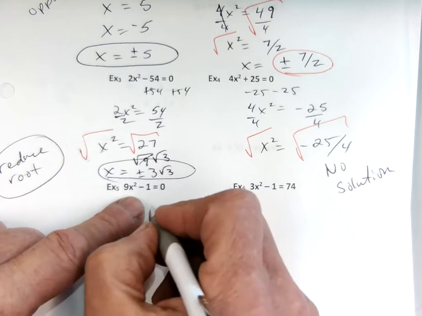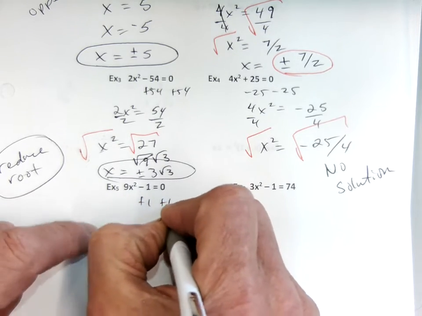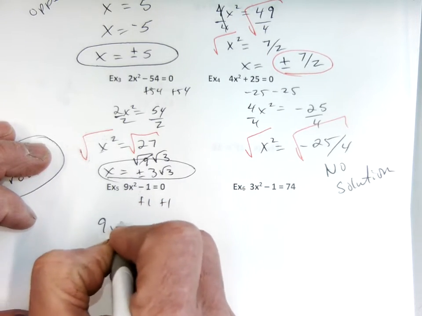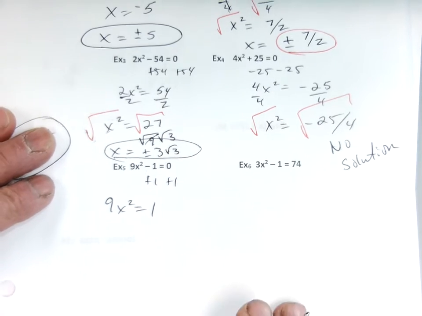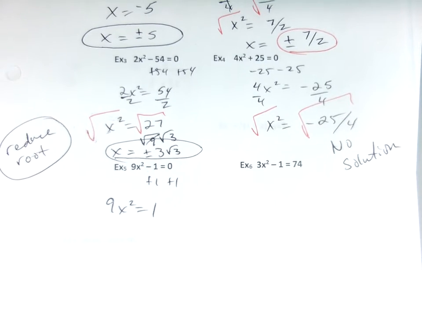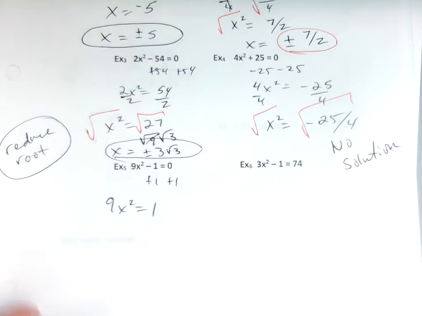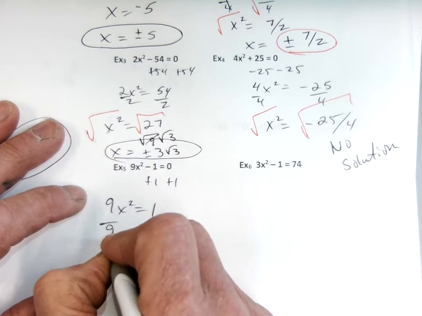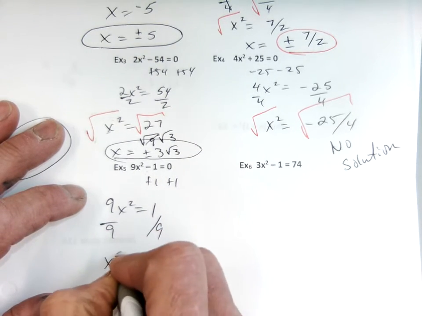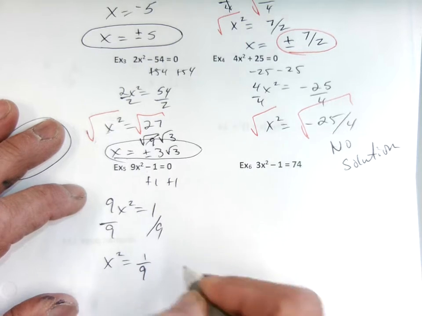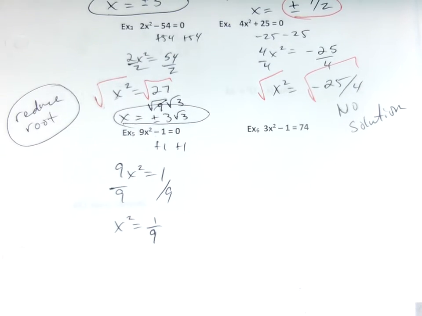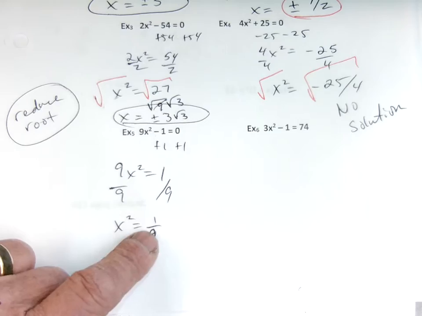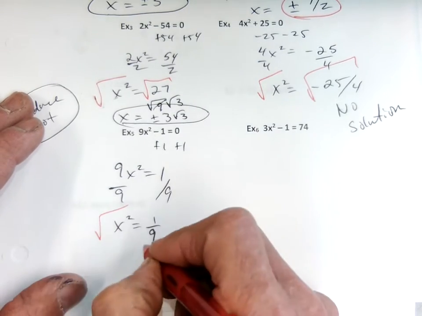Okay, so let's move on to 5. Plus 1, right? I've got 9x squared equals 1. And then what? Divide by 9, divide by 9. And I've got x squared equals 1/9, right? I'm going to leave it in this form. Do you guys see something?